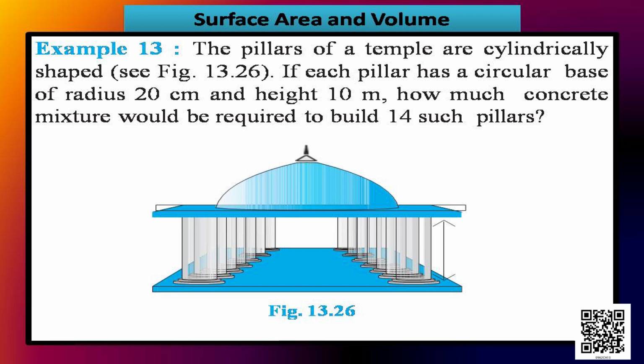The pillars of a temple are cylindrically shaped. Just see the figure 13.26 that is given in your book. If each pillar has a circular base of radius 20 centimeter and height 10 meter, how much concrete mixture would be required to build 14 such pillars? Okay. So, let us discuss the solution.